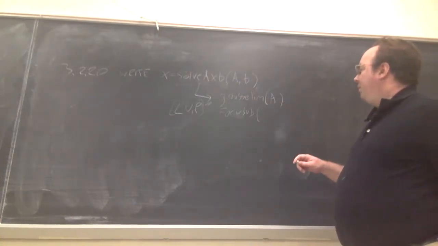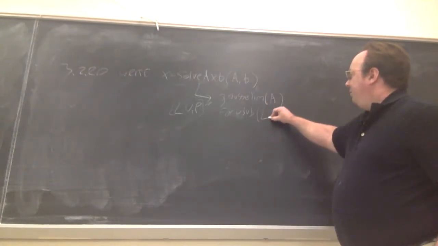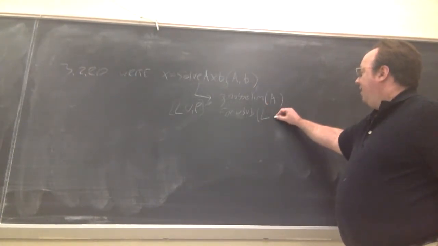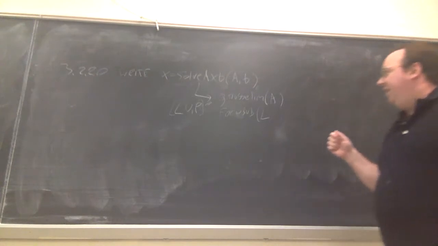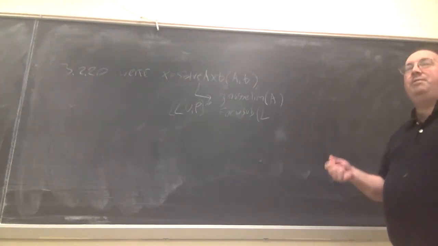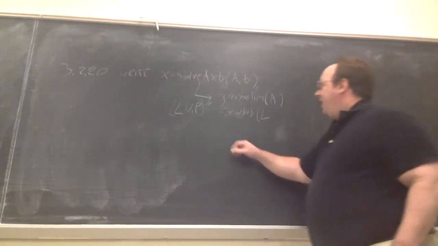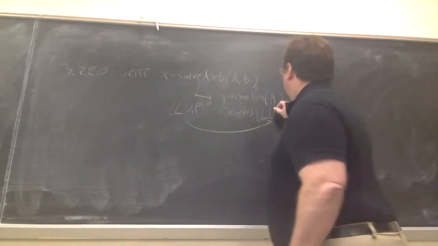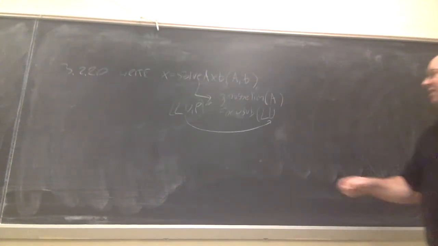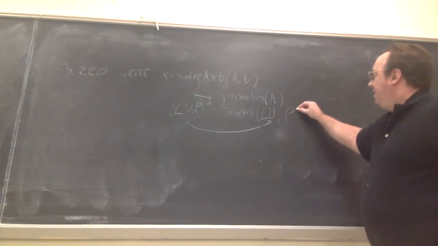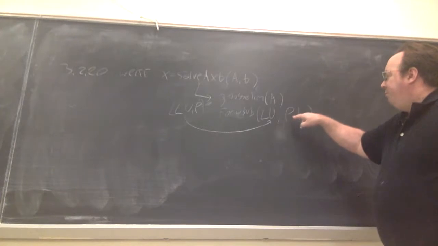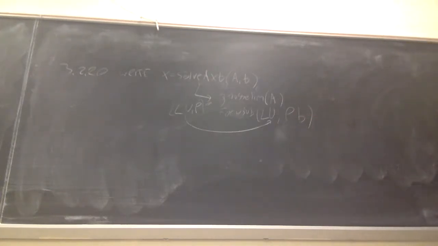So forward substitution will be used with L. Now, here's what you can do: forward substitution will be made for a unit lower triangular matrix, so all you need is the stuff in the lower triangle. So you can actually pass LU to forward substitution, and PB, which would be the permuted version of B. Mathematically, that's how I would write it, but as far as code goes, I'll talk about that in just a moment.